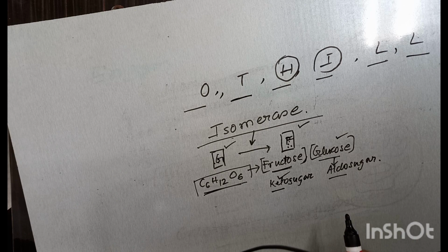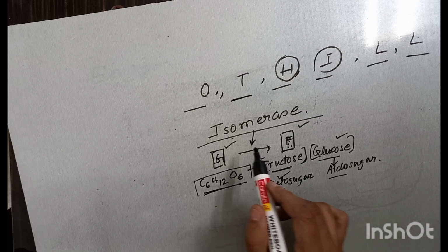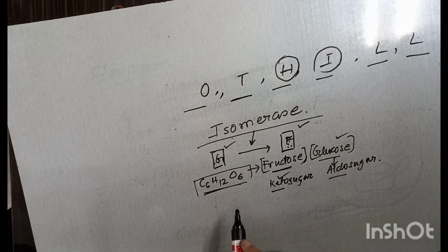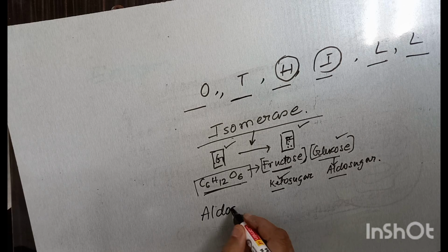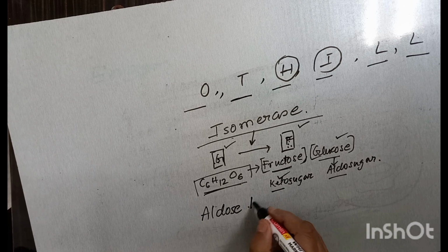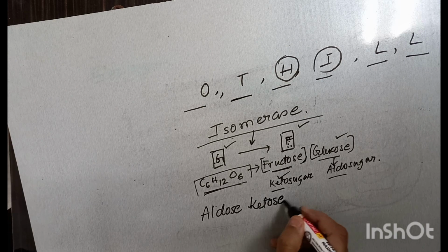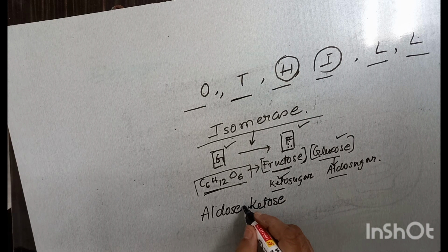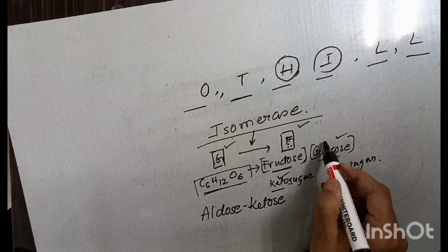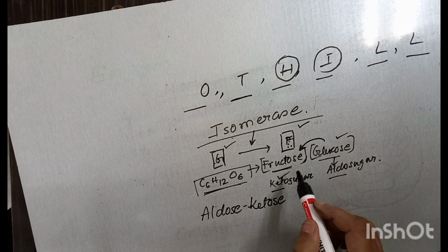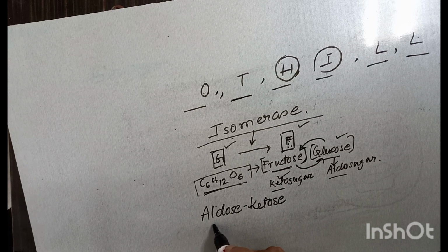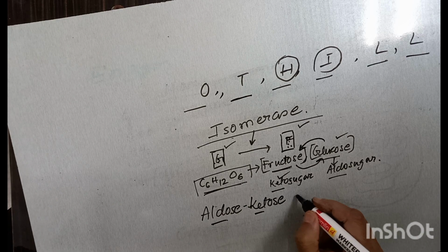They are called isomerases, and these isomerases are also of different types. The example I just gave is an aldose ketose isomerase. According to the function of the enzyme, it converts aldoses to ketoses, meaning glucose to fructose or fructose to glucose. It can be reversed also.